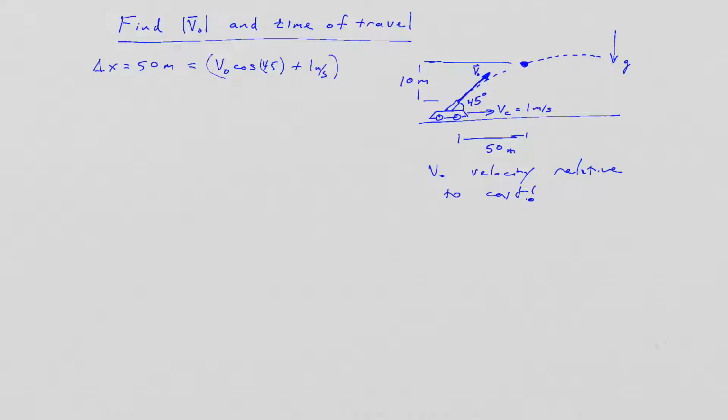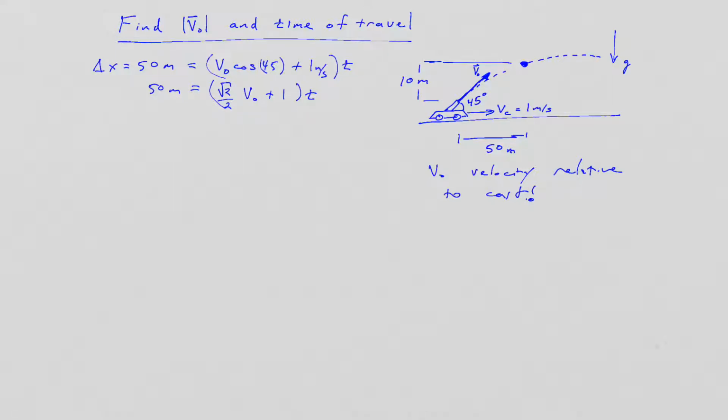And so velocity times the time traveled will give us this 50 meters. So that's our equation. And we can simplify that a little bit because we know cosine of 45 is actually root 2 over 2. So root 2 over 2 V0 plus 1 times t equals 50 meters.